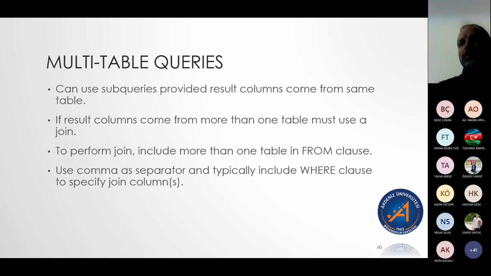Now, we talked about subqueries. We talked about how we could use the results from one subquery as the input to the where clause or to the select or from of an outer query. But what if we want to get results from more than one table?